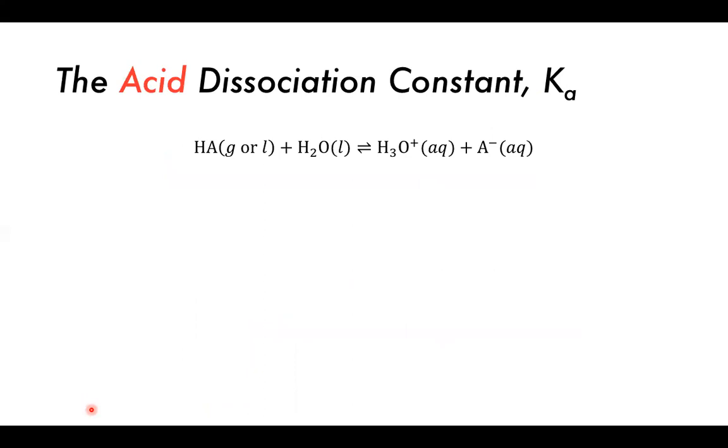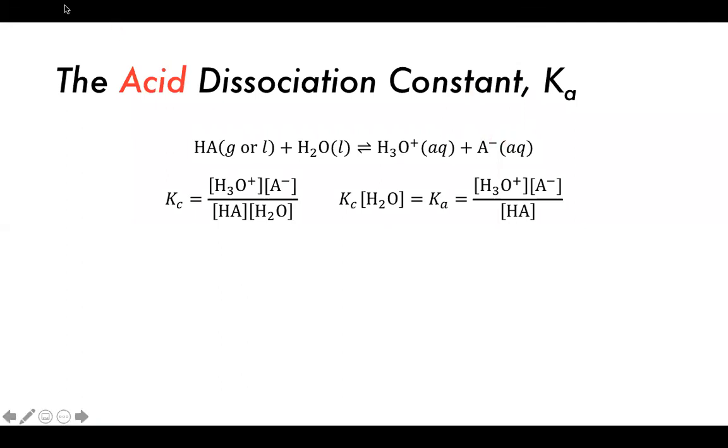So a special form of the equilibrium constant is the acid dissociation constant, or Ka. So HA will dissociate in water to form H3O+ and A-. And so we have here a Kc value, which is products over reactants. These products are, of course, the H3O+, the hydronium ion, and the A-, the conjugate base.